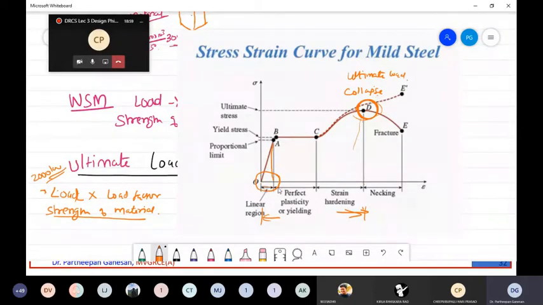So this much elongation or displacement will be there in the structure. Obviously your structure will be very strong, because you are designing it for a higher load.